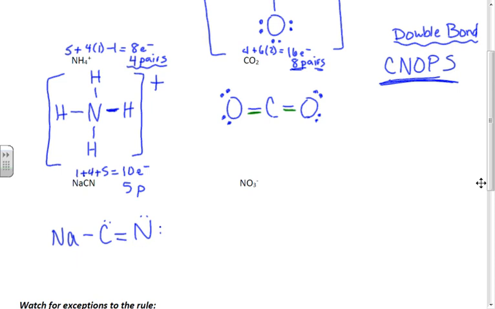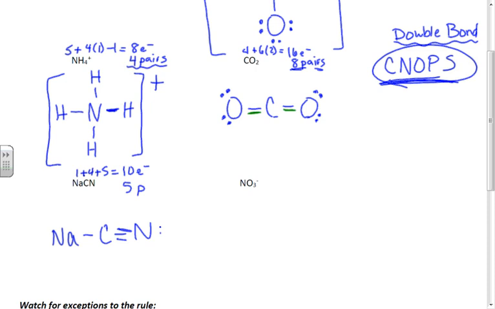That still has one pair too many. So we're going to take a pair from carbon, a pair from nitrogen, and we're going to share another one. I can't take any and share with sodium, first of all, because it's not on this list, and it has no electrons to share because it's in group 1A. But now we have a triple bond between carbon and nitrogen to have our 5 pairs that we're allowed.